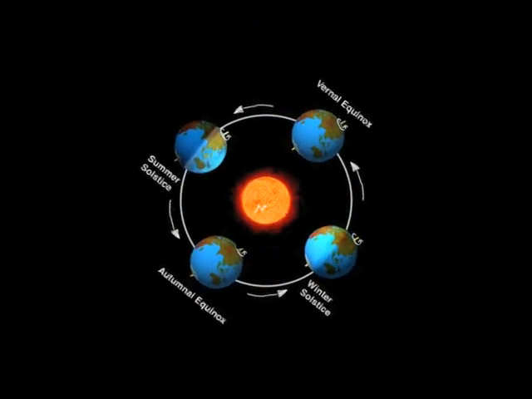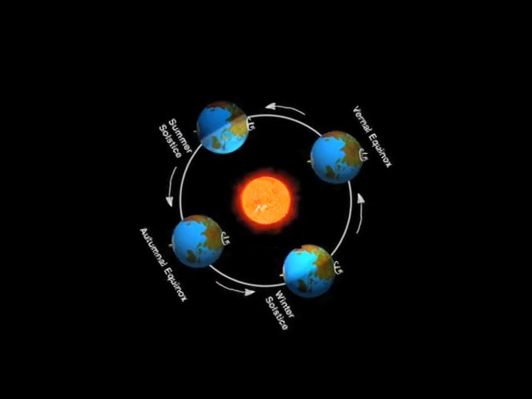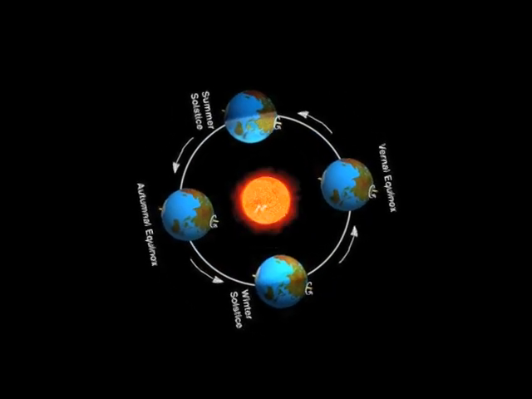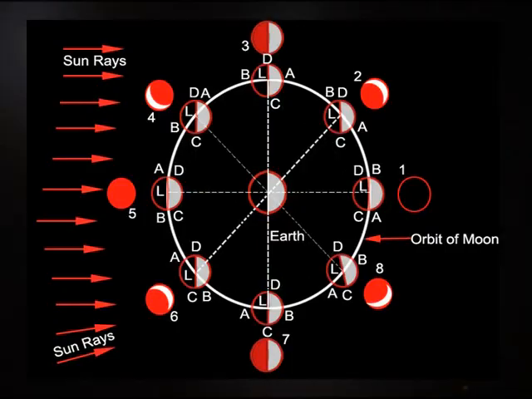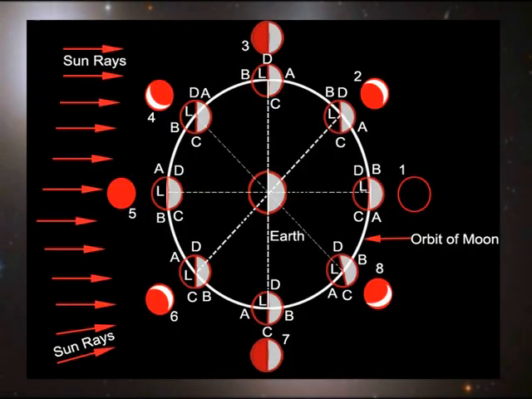A solar year is 365, sometimes 366 days. But the moon moves around the earth in around 29 days. When it comes to 1 year of the lunar year, it is approximately 360 days. So we get a difference of 5 days.